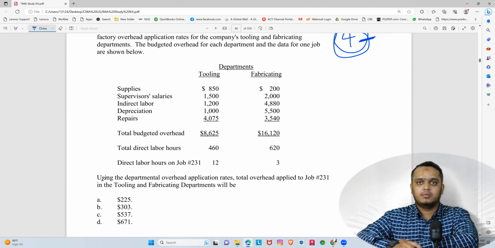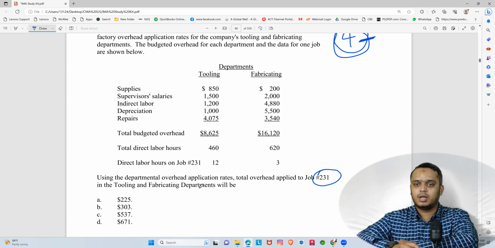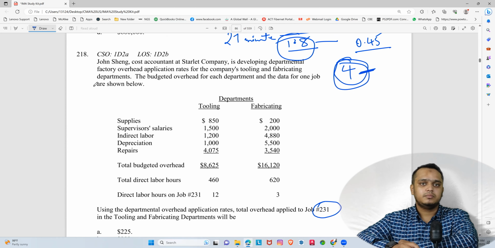When we read this requirement, using the departmental overhead application rates, total overhead applied to job 231. John Cheng, cost accountant of Starlight Company, is developing departmental factory overhead application rates for the company's tooling and fabricating departments.